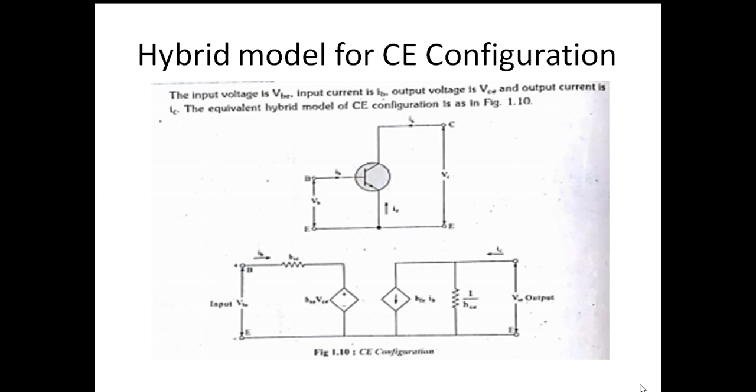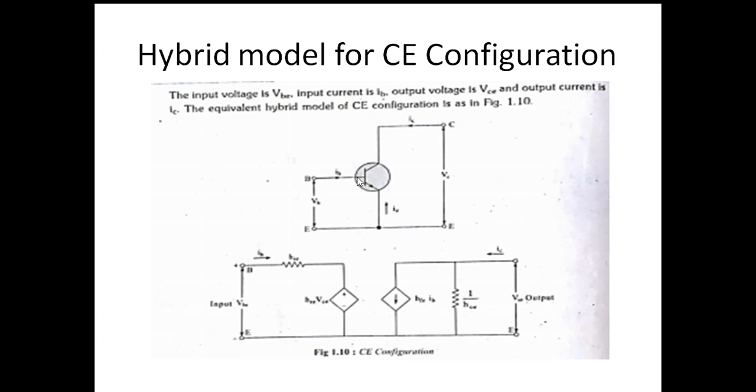Here in this figure, this is the common emitter configuration circuit. It is simply a transistor without any components. Since the emitter is grounded here, the output is measured across the collector terminal.